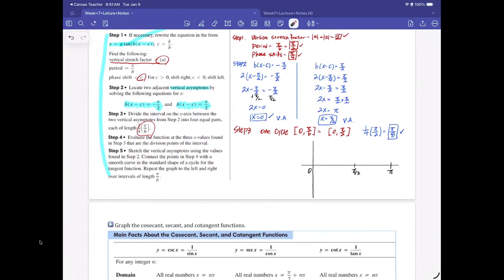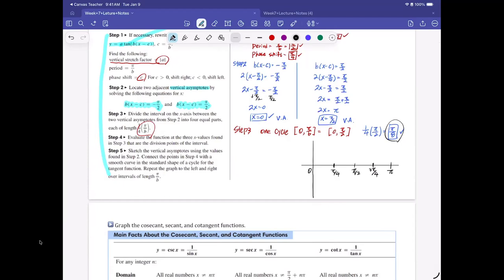And then as you can see, the middle one is going to be what? Pi over 4, right? Do you remember 0 plus pi over 2 divided by 2 is pi over 4? What is the middle between this one? 3 pi over 4? And then each length is pi over 8.